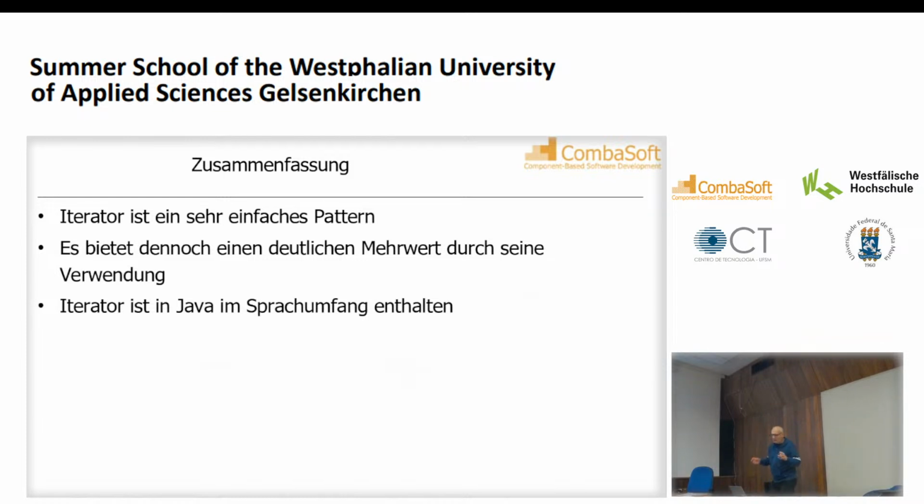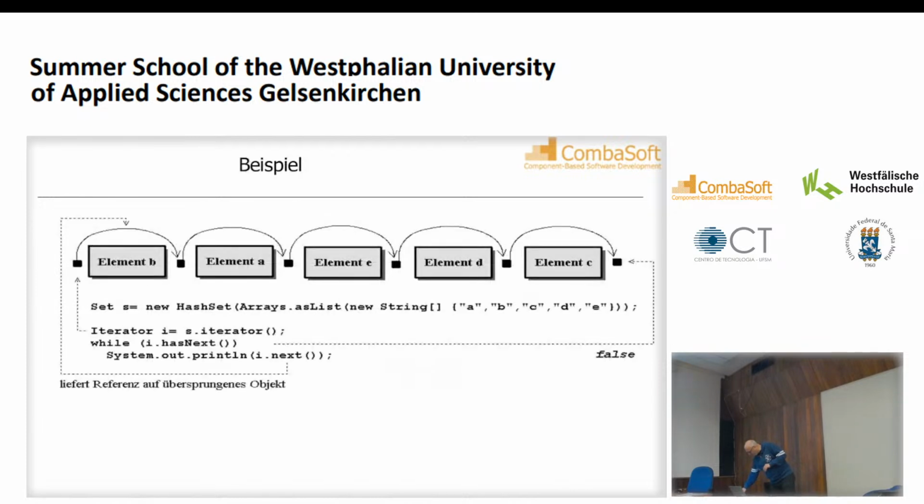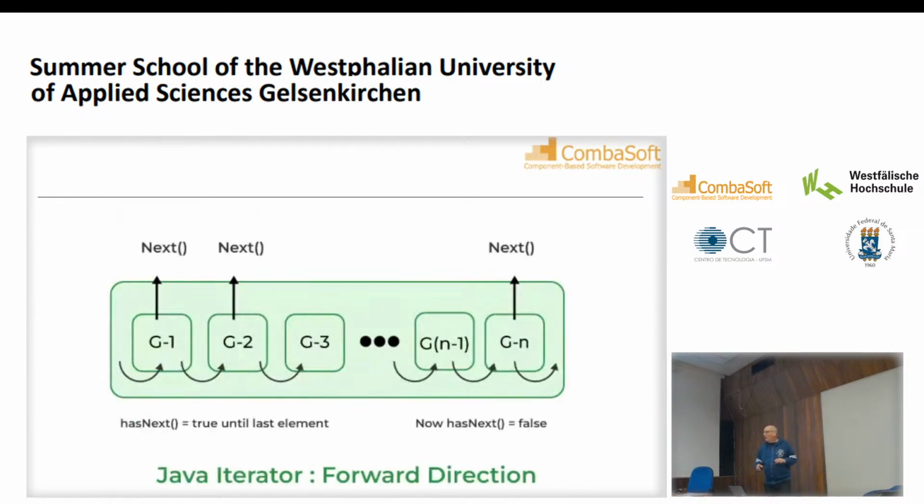Okay, so what I try to explain to you is that patterns address a special problem, and they give a solution. We don't know it's the best, we know it's a good one.